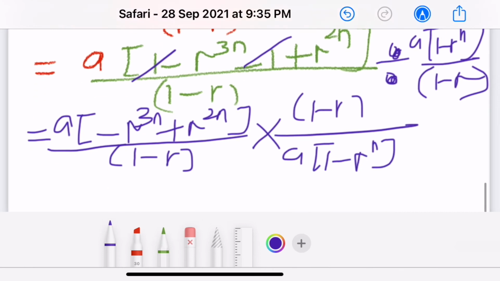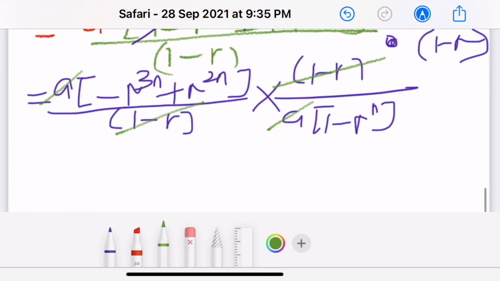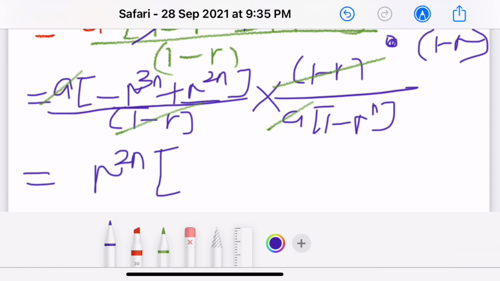Now we can cancel out the common factor. Finally, we almost reach the answer. We have r^2n and negative r^3n, so we can factorize the r^2n. If I factorize r^2n from negative r^3n, I would have r^n here, and this is plus 1, because you factorize it, you have to divide.